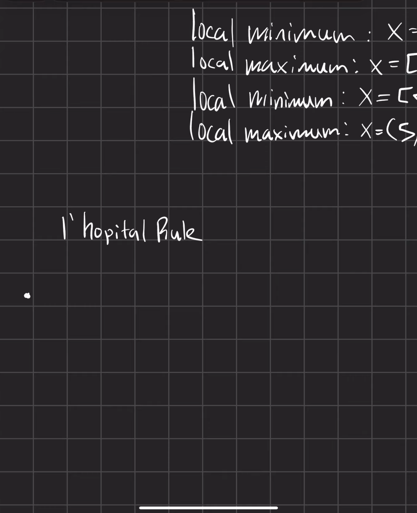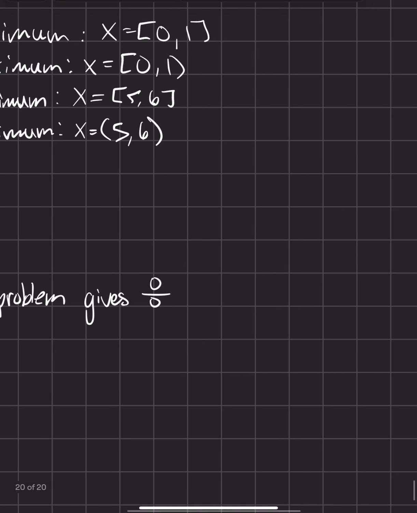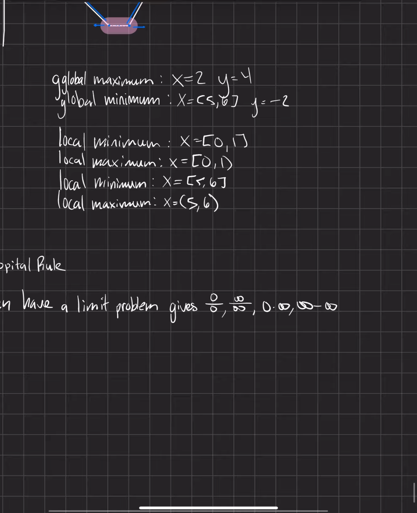So pretty much this rule states when you have a limit problem, and it gives you an indeterminate form, say 0 over 0, or you end up with infinity over infinity, or even 0 times infinity, or even infinity minus infinity, whatever weird form you get, right?